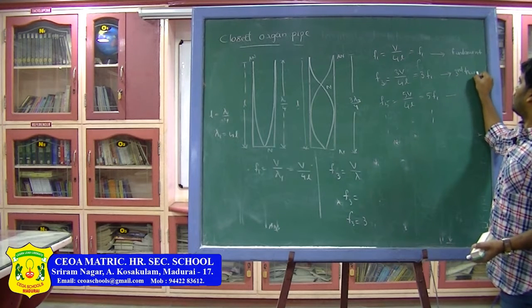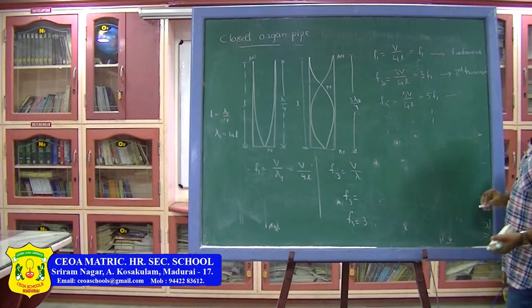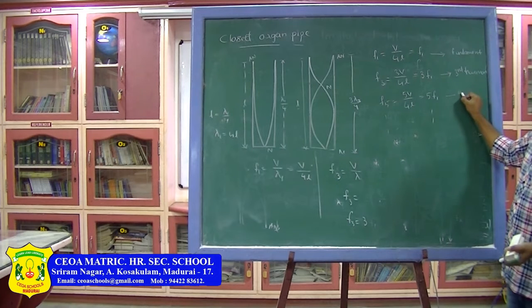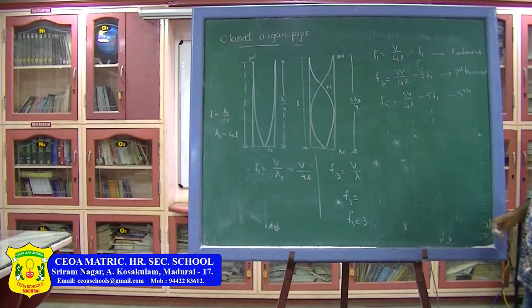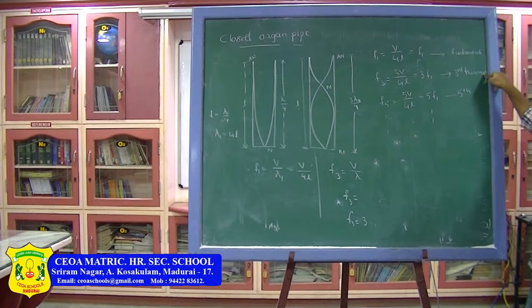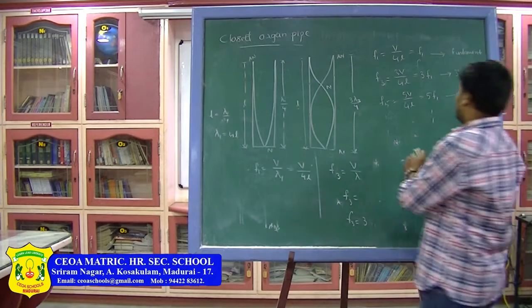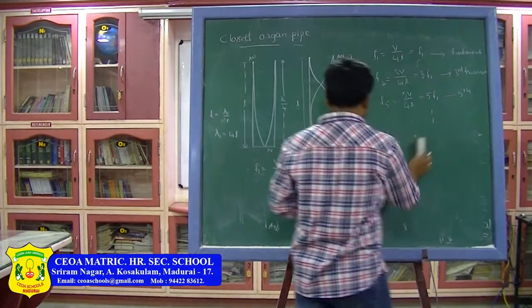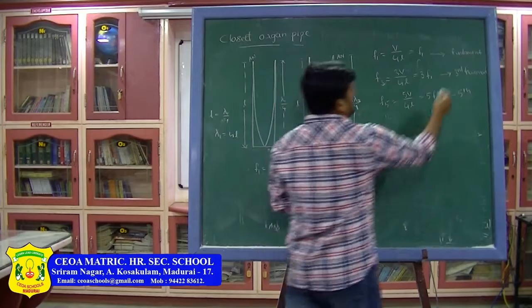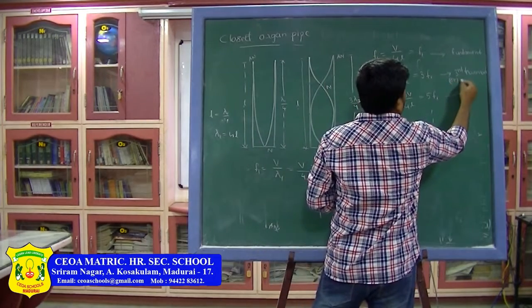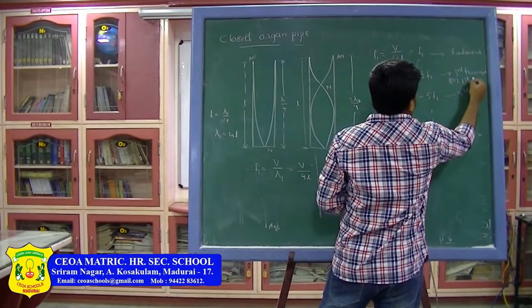Remember, only odd numbers will be repeating. And coming to the names of overtones, this is called first overtone, second overtone, and so on. So, let me write the names clearly. Here this is the third harmonic or first overtone.